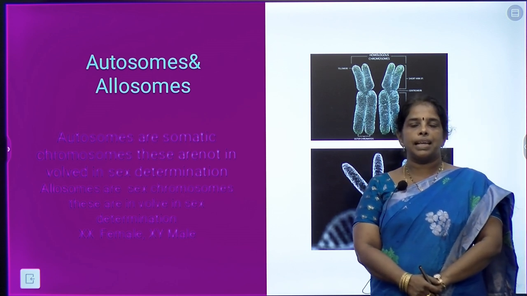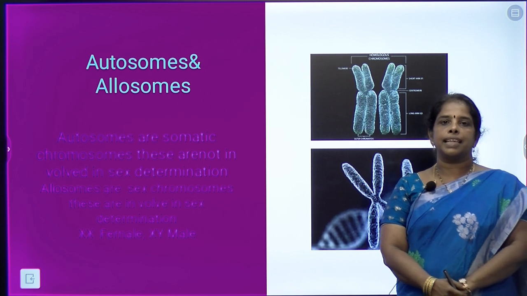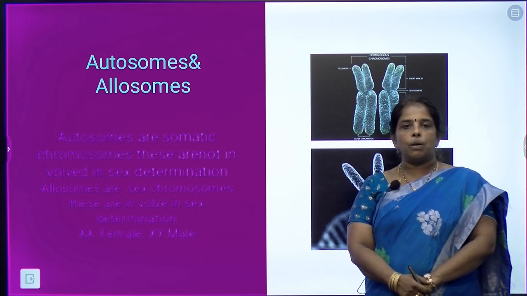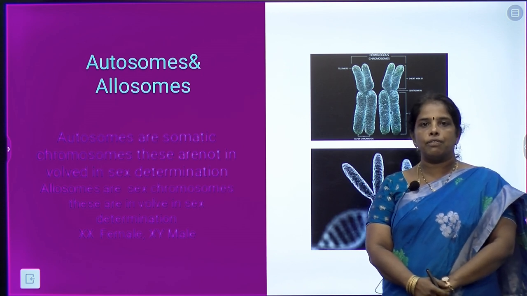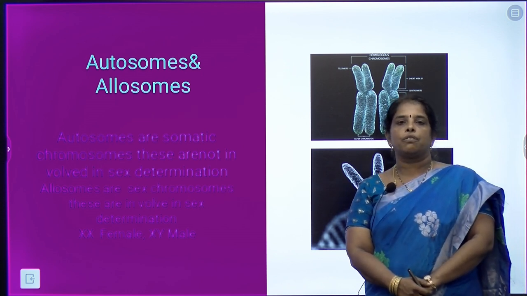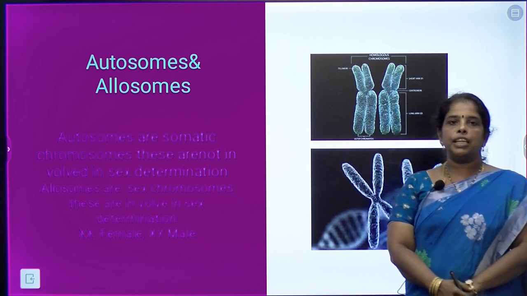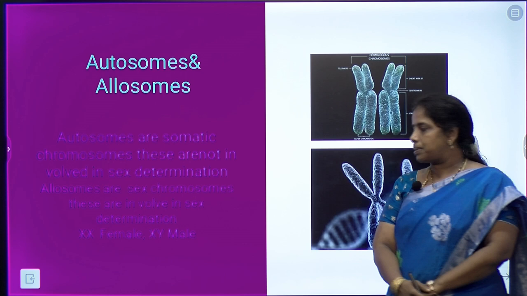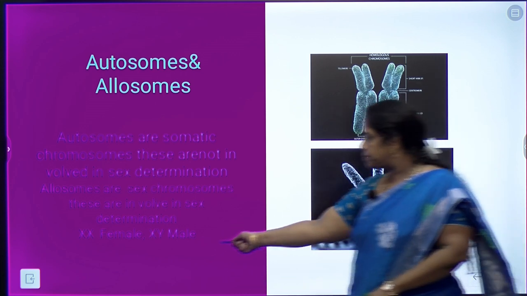Autosomes are the somatic chromosomes, which are not involved in sex determination. Allosomes are mostly one pair of chromosomes, involved in the sex determination of an organism. In human beings, XX represents the female and XY represents the male.